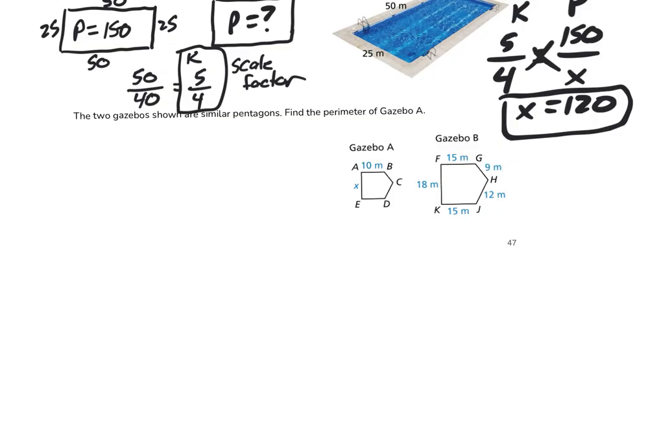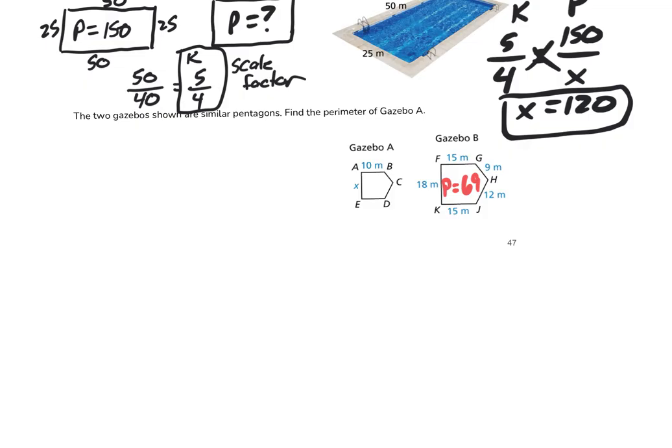So let's find the perimeter of gazebo B. Add up all the sides for gazebo B. What do we get? Okay, so we're saying the perimeter of this bigger figure, gazebo B, is just a little bit bigger.